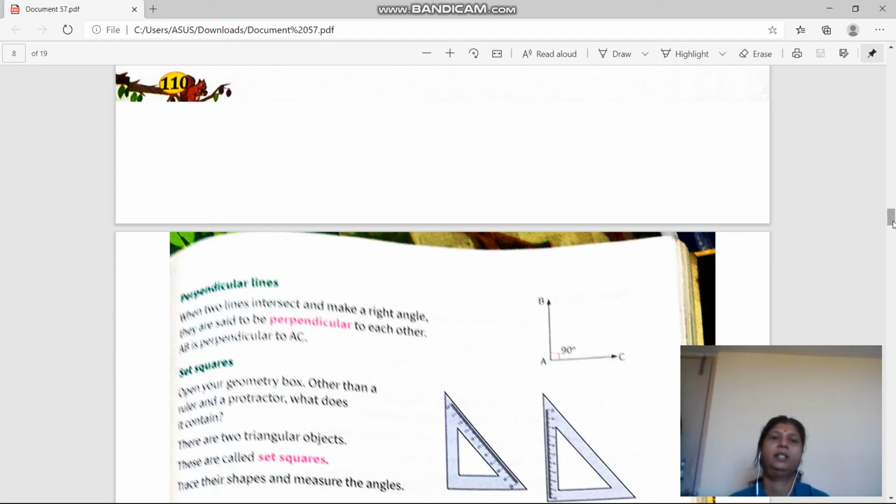When two lines intersect and make a right angle, they are said to be perpendicular to each other. A set square is an example of it. In the geometry box you can see this set square, and this angle is always a right angle, that is 90 degrees.